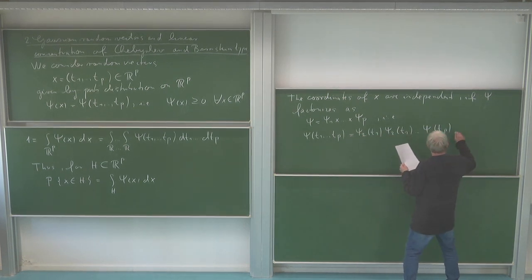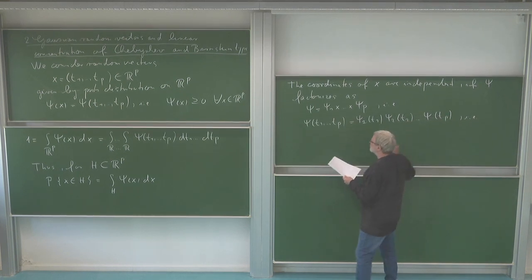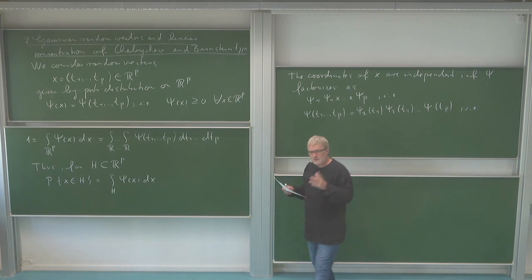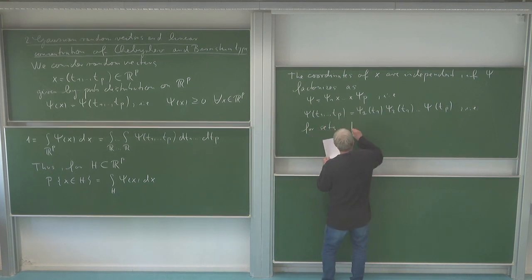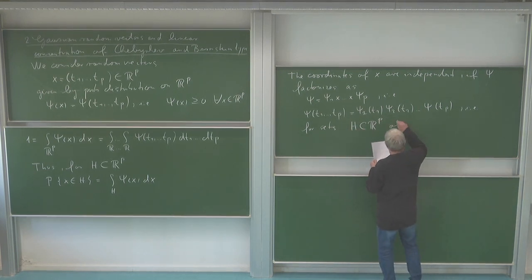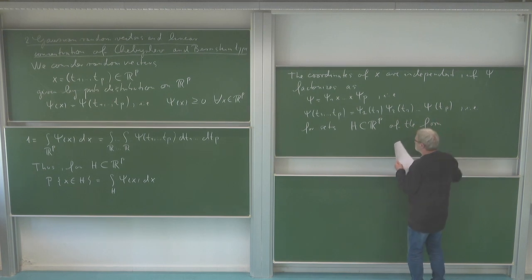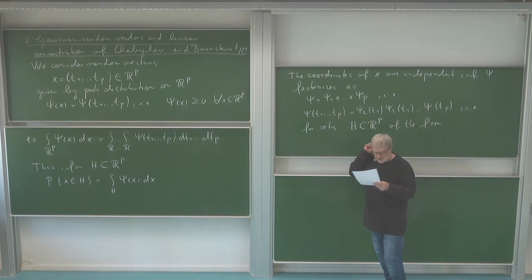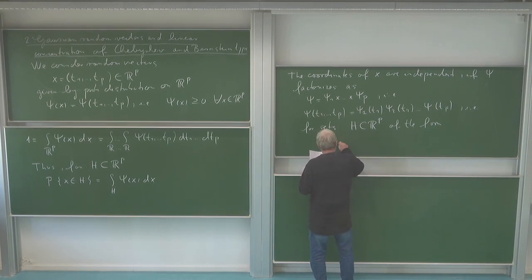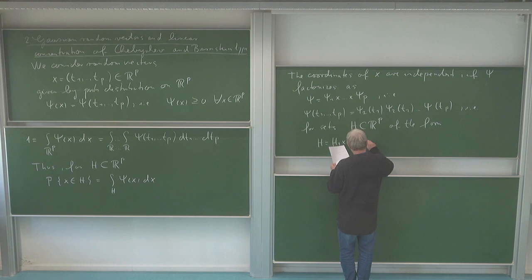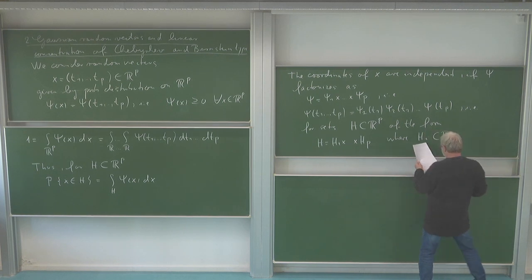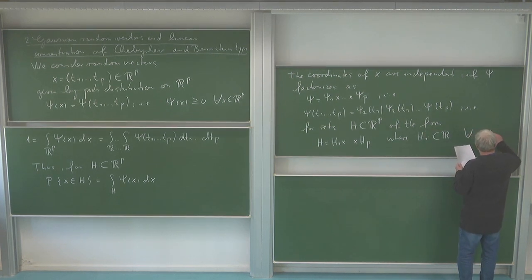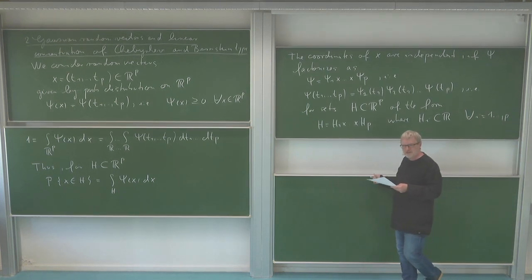So this means in this setting, if I have also a set over which I want to calculate the probability, for sets of the coordinates of the vector, but of the special form that they depend on each of the coordinates separately, so if H is H1 cross up to Hp, where each Hi is just a subset of R for all i from 1 to p, then I have a factorization of the probabilities.